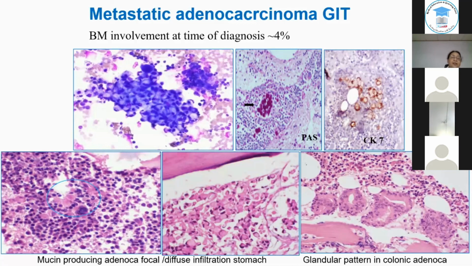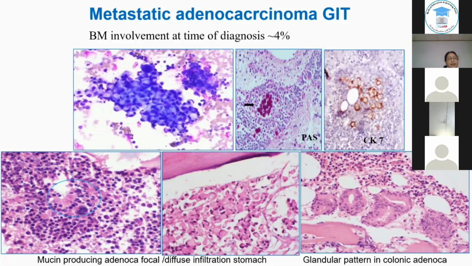But in bone marrow biopsy of the same case, you can see that very infrequent cells are present. It shows only the normal marrow tissue, only the circled area shows the metastatic tumor.